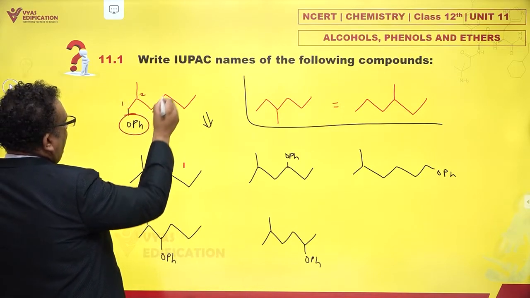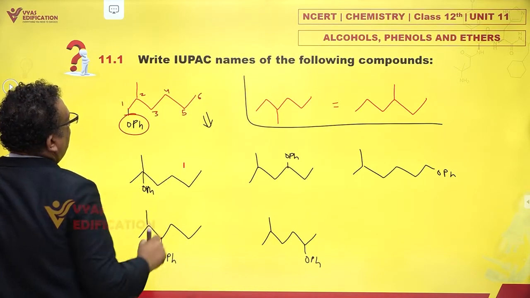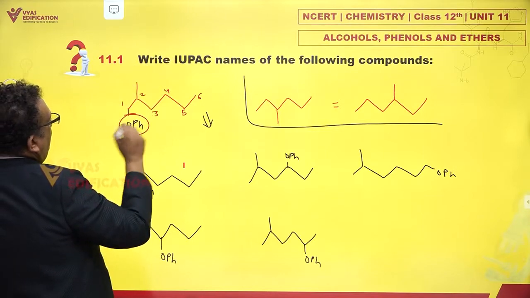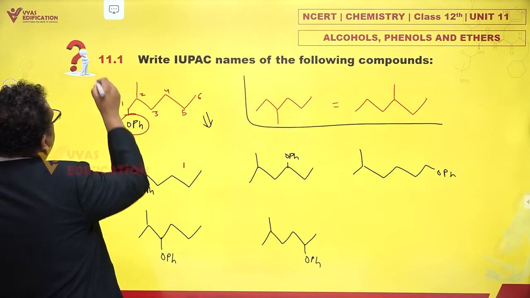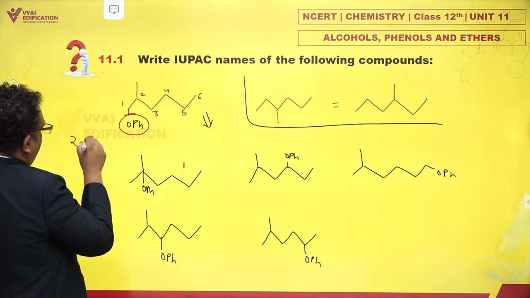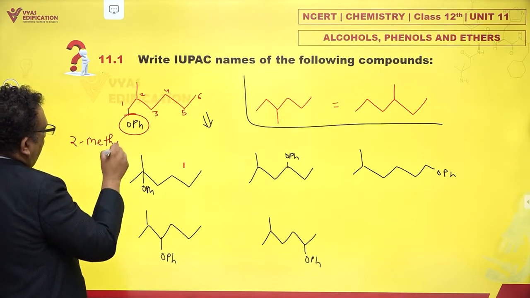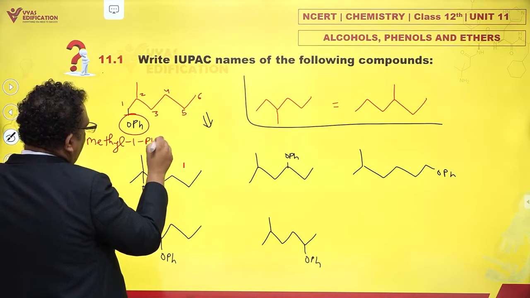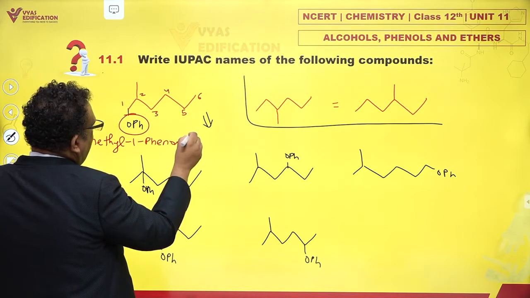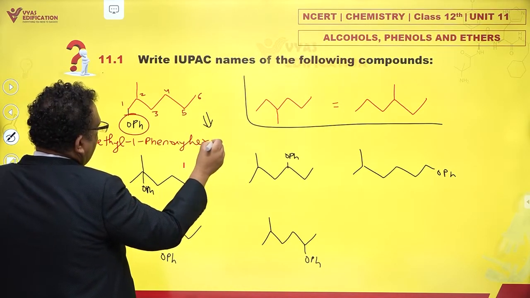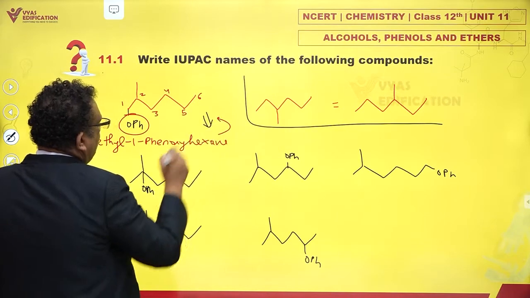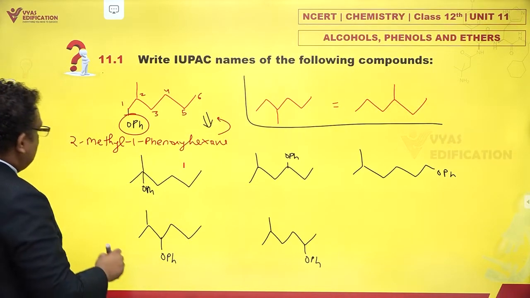1, 2, 3, 4, 5, 6. So this is 2-methyl-1-phenoxyhexane. This one? Yes. What about this?